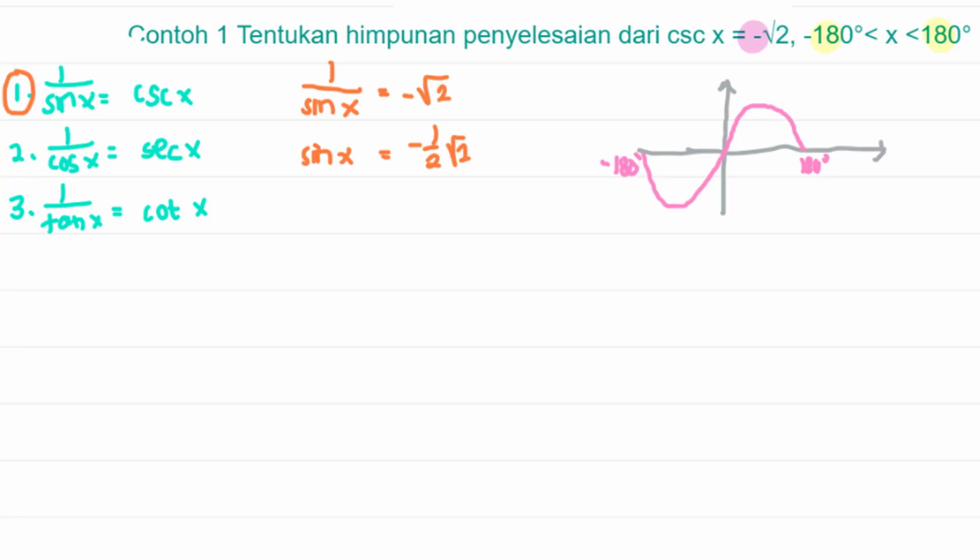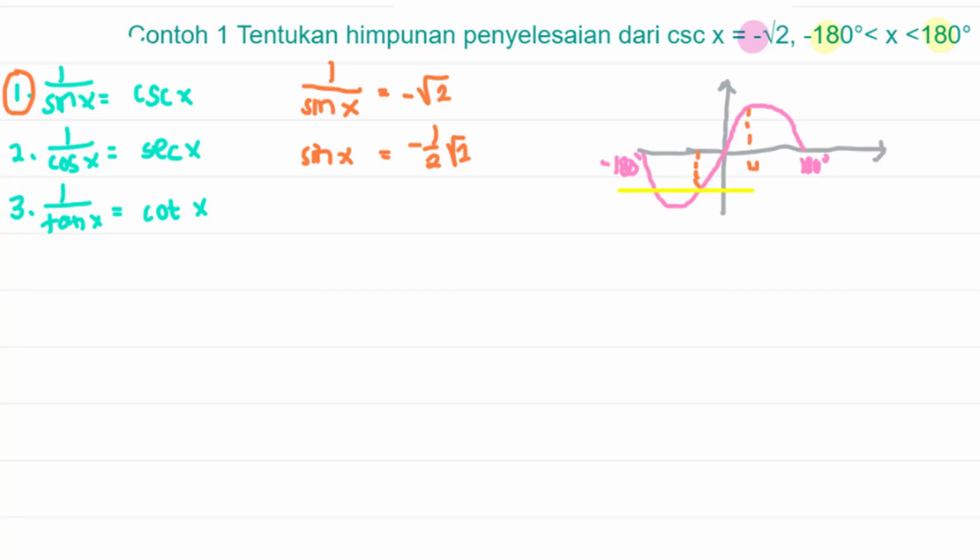For the 45 degrees, we know that the value is positive a half square root of 2, but the negative a half square root of 2 will be in quadrant 3 and in quadrant 4.